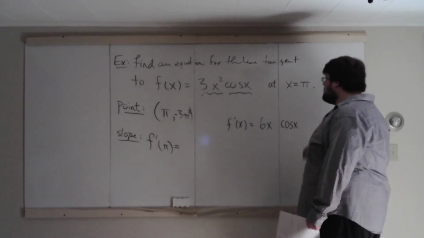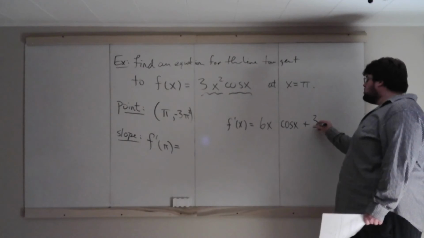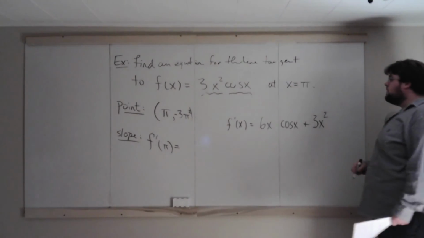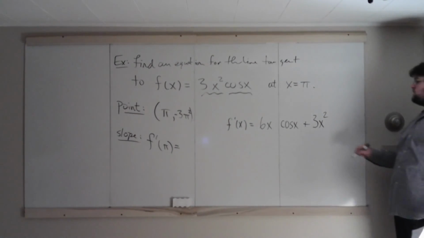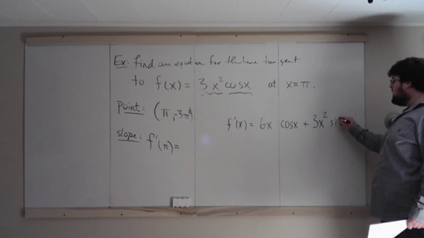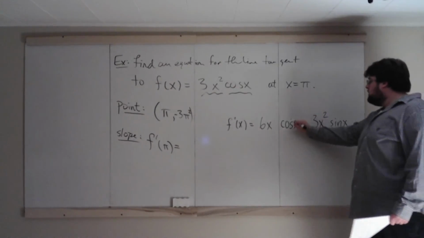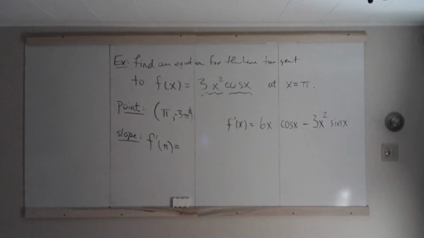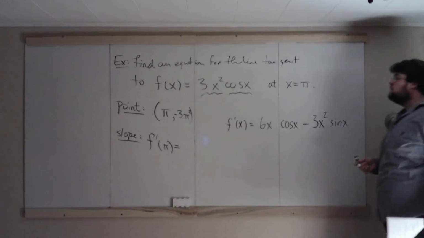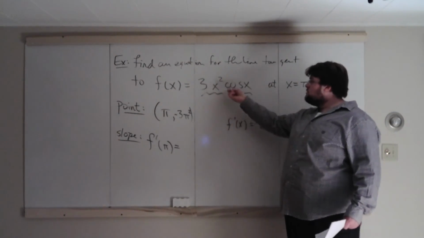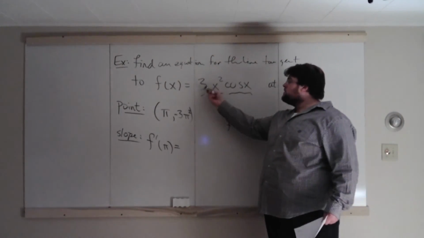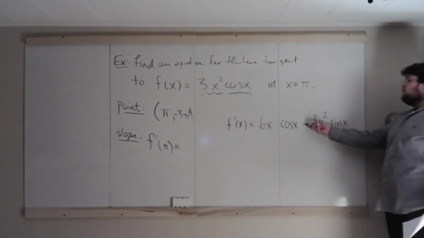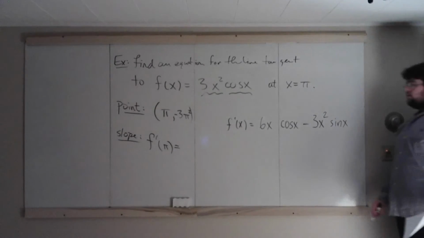Leave the second alone, plus the first times the derivative of the second. Derivative of cosine is, sorry, negative sine. So we have the derivative of this function: 6x cosine x plus 3x squared times negative sine x, and the plus and the minus make that a negative.